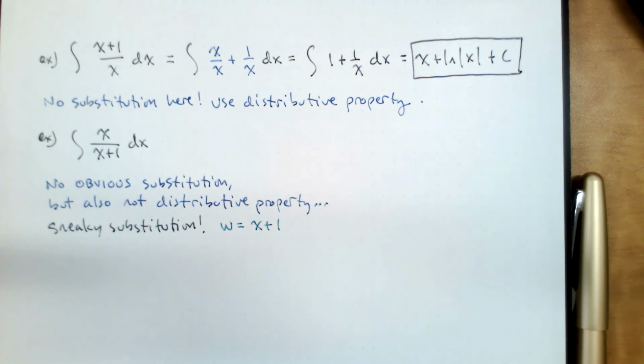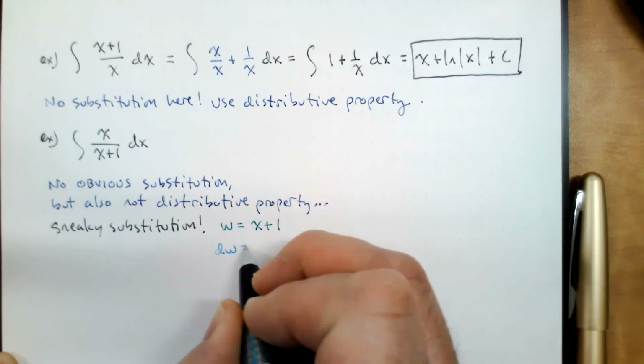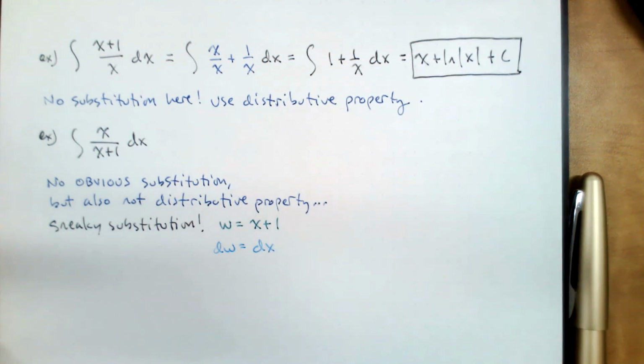If I make the substitution x plus 1, we have to think about what is required to make that substitution go. That means that dw is equal to dx. But this leaves us with a problem. What are we going to do with that other x?